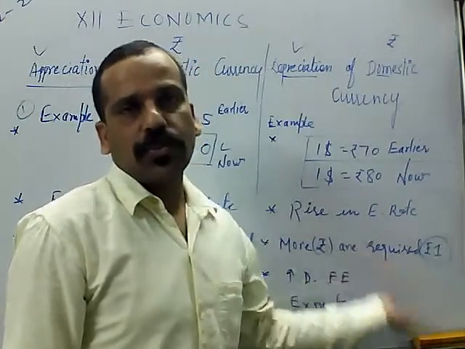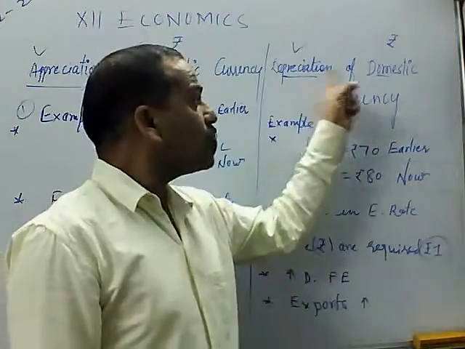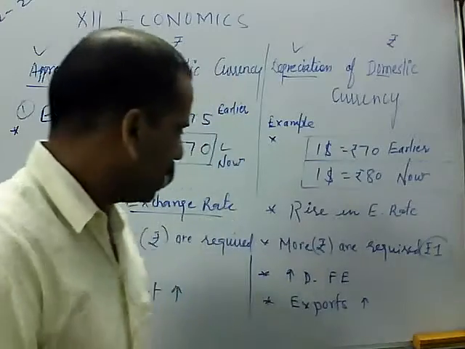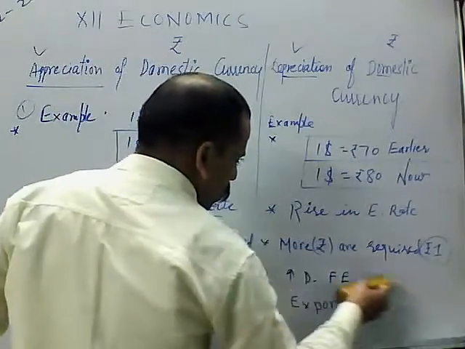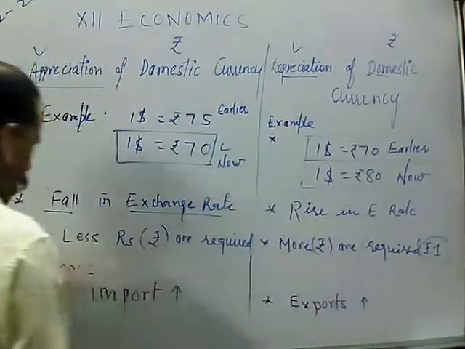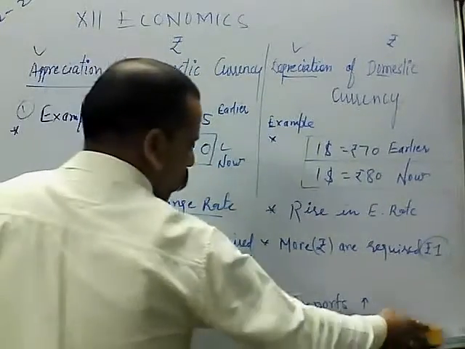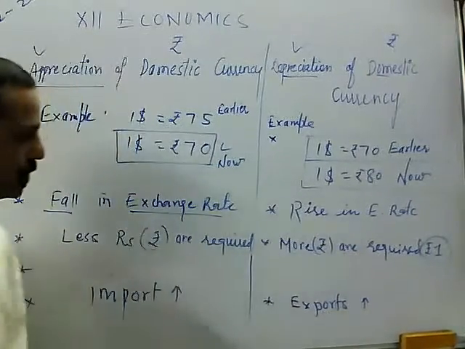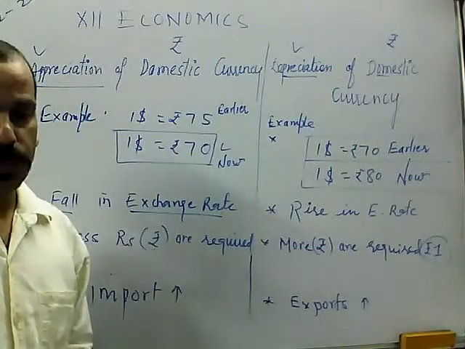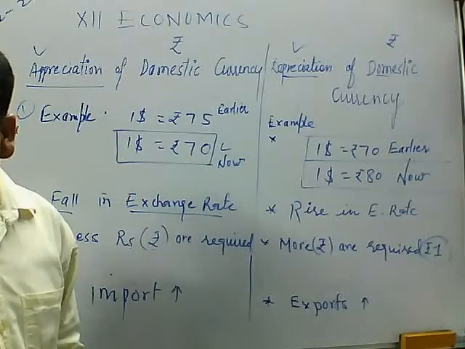So automatically exports will increase in case of depreciation of the domestic currency. So if you don't want to use this point, you can simply go for these causes or the impact on export and import.